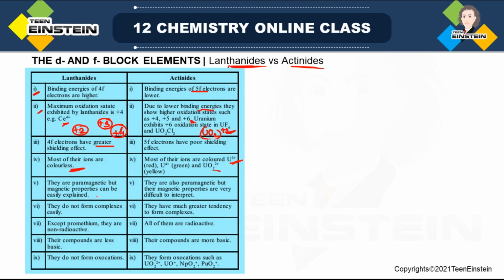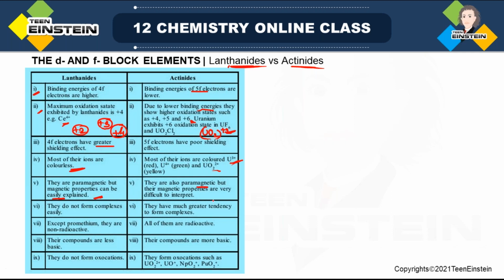They are paramagnetic, but magnetic properties can be easily explained. Though remember, compared to d orbital elements, here magnetic properties are complex. But why are we saying that it is easily explained? It is easily explained compared to actinides. But compared to d orbital, it is complex.